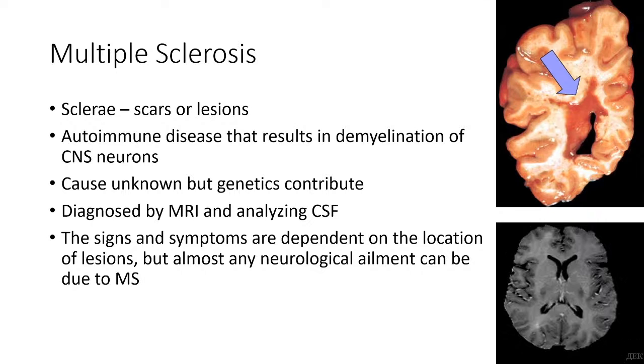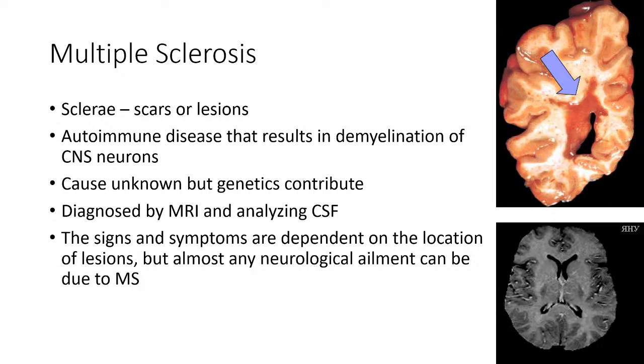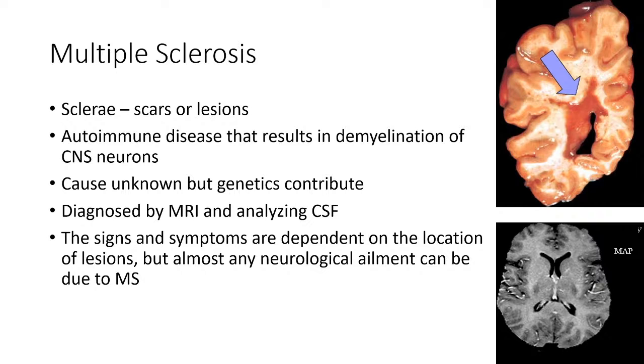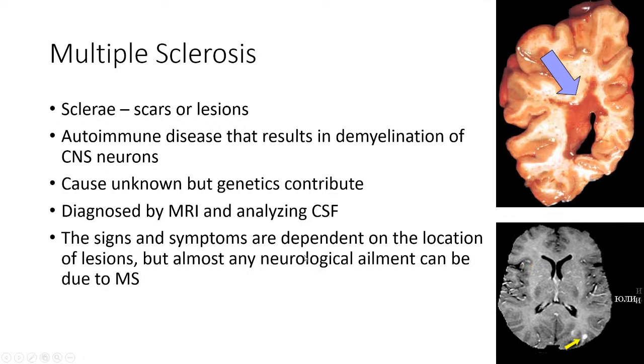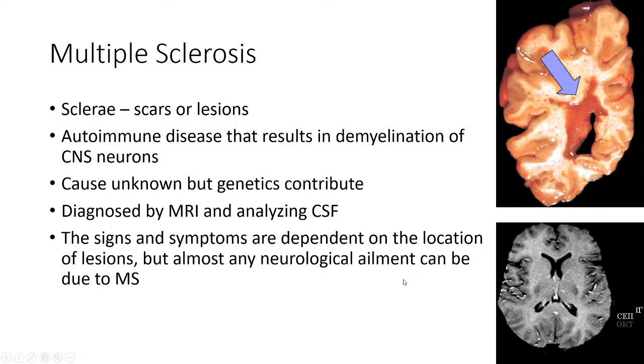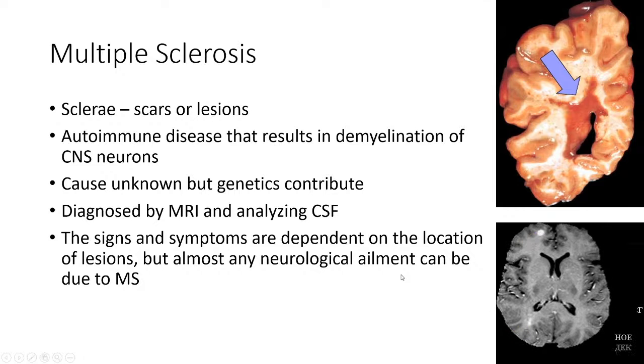If you have sclerae popping up in regions responsible for maintaining balance or body posture, you won't be able to maintain your balance or body posture anymore, or you will do so with greater difficulty. So because the signs and symptoms depend on the location of the sclerae, almost any neurological ailment could be due to multiple sclerosis, MS.